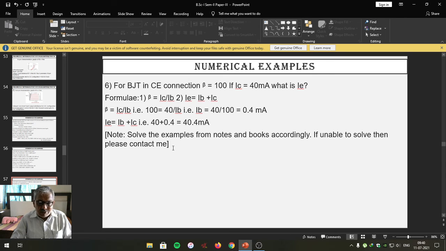That's all about topic number 3, that is bipolar junction transistor. If you have got any queries regarding theory, regarding numerical examples, you may write on the group, you may write on mail, you may call me. You can ask those difficulties on phone call also.